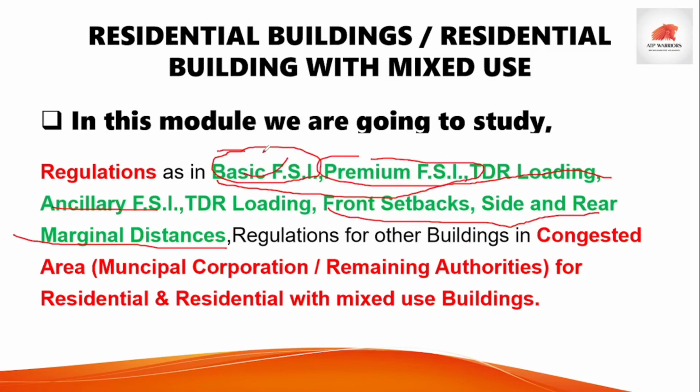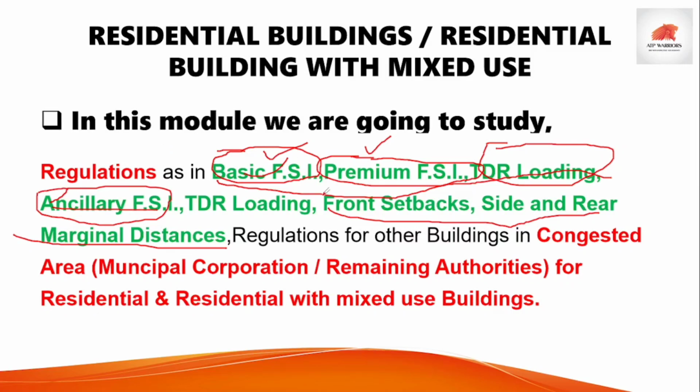Basic FSI means the complementary FSI given on our plot. Premium FSI means the FSI we get after payment of premium. TDR loading means the FSI we get as compensation. Ancillary FSI is 60 or 80%, based on computing all the FSIs, and on that basis we calculate the ancillary FSI.